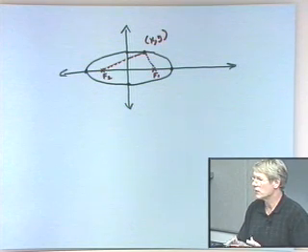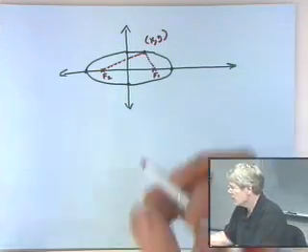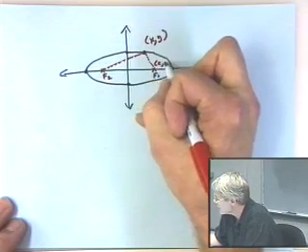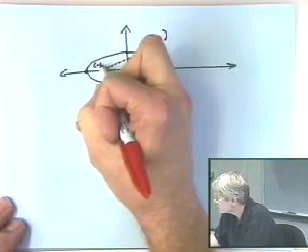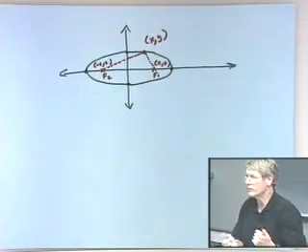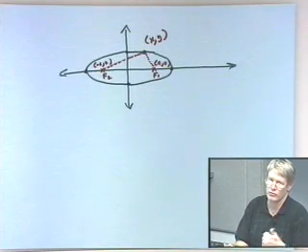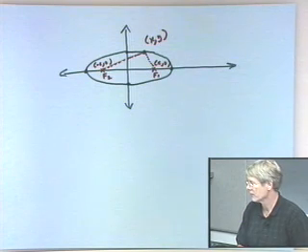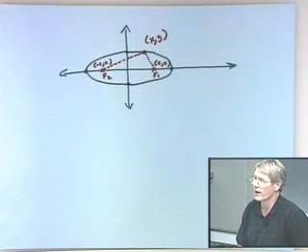Now, just so we can keep track of distances with letters here instead of numbers, let's put this point, the first focus, out here at (c, 0). Symmetry, because the center's at the origin, would tell us the other focus is at (-c, 0). And I guess we can just start with that.